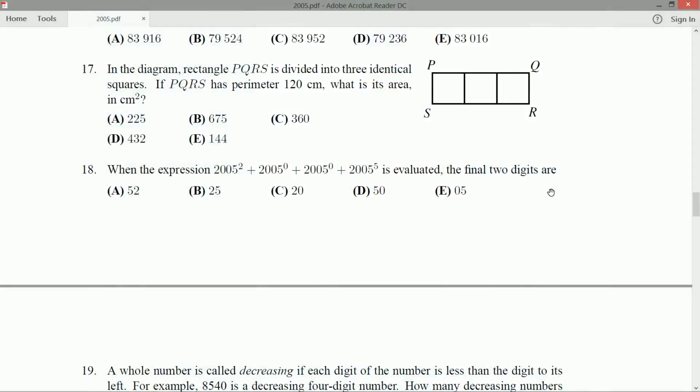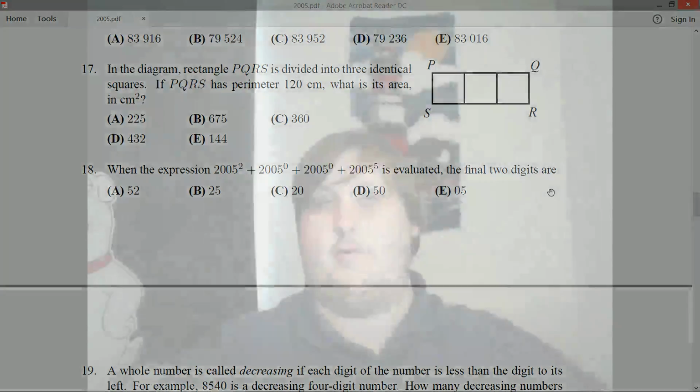Now, I'm curious. 2005 to the 5, that seems kind of big. Is that bigger than my calculator can handle? It actually is. My calculator has gone into scientific notation, which means it won't display the whole thing for me.